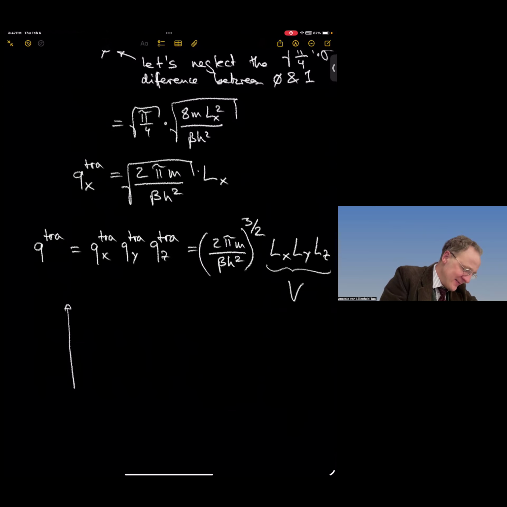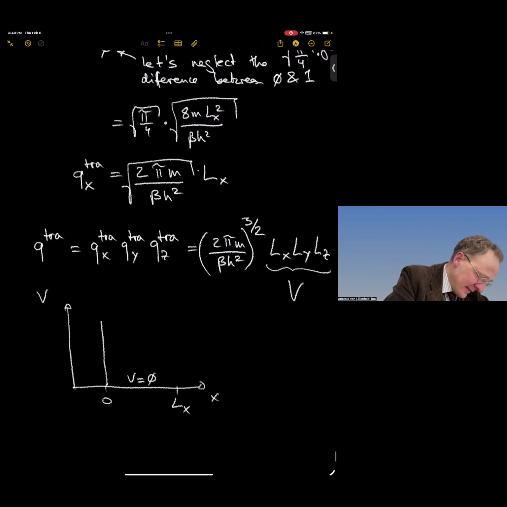This is, of course, a great question. Why is actually the particle in the box Schrödinger equation the relevant equation? So let's go from 0 to Lx. In here, the potential in your Schrödinger equation is 0. And then, as you know, at the walls, your potential becomes infinite, right? And this is a good model of a container, right?